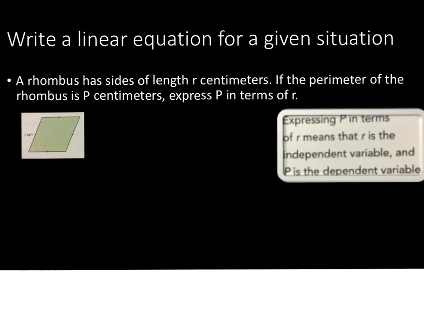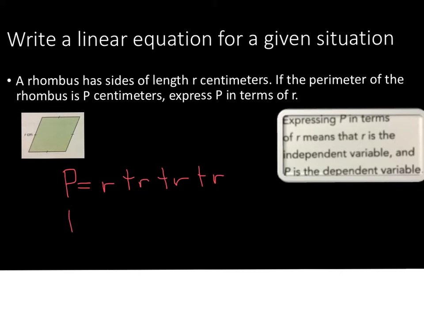So let's go ahead and write a linear equation for this situation. It says a rhombus has sides of length r centimeters. If the perimeter of the rhombus is p centimeters, express p in terms of r. In other words, P, the perimeter, is equal to R centimeters 4 times. So R plus R plus R plus R. Well, you already know that we can simplify that expression.